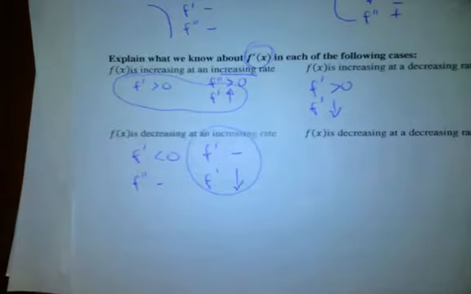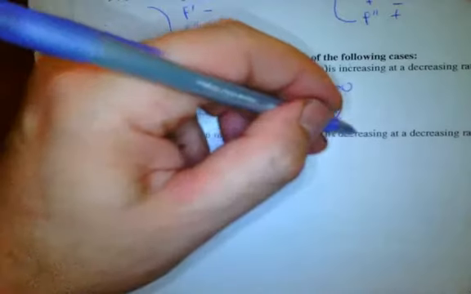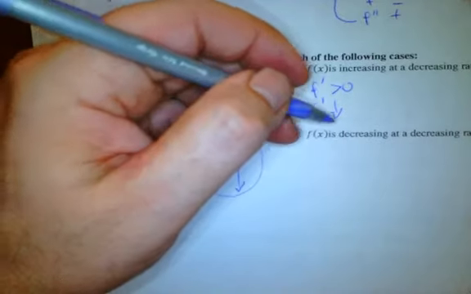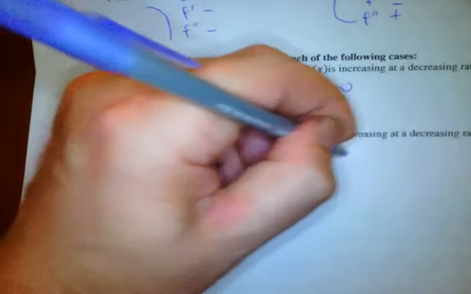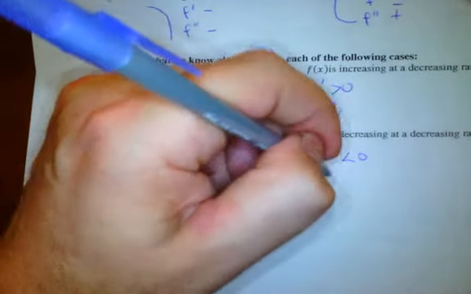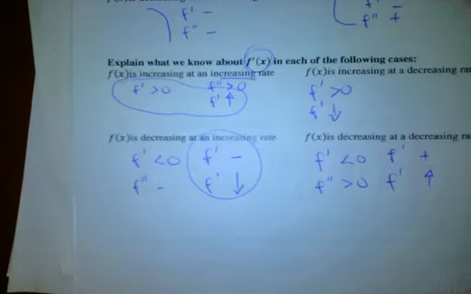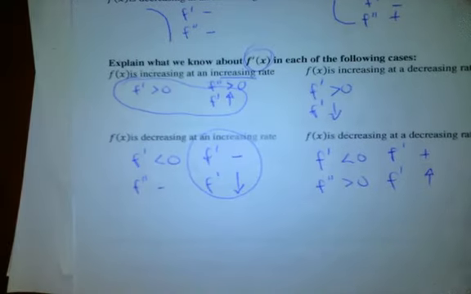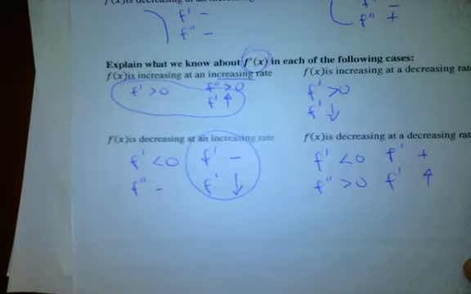Okay, how about this one? If f is decreasing, f prime must be less than 0, or f prime must be negative. And what can we say about f prime if f is decreasing at an increasing rate? Well, we said before that f prime would be negative in that situation, so f prime must be decreasing.